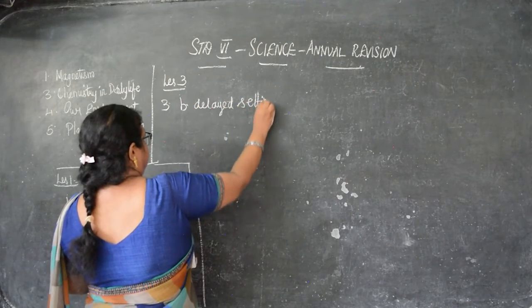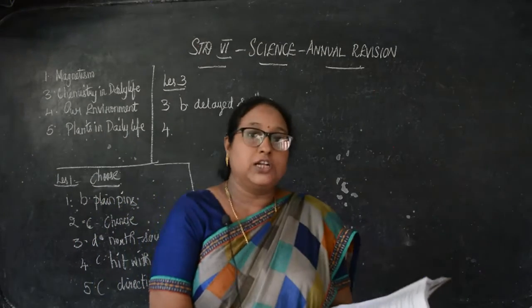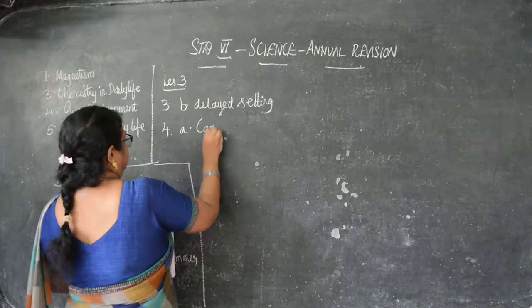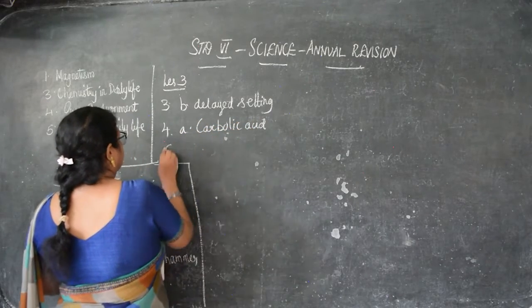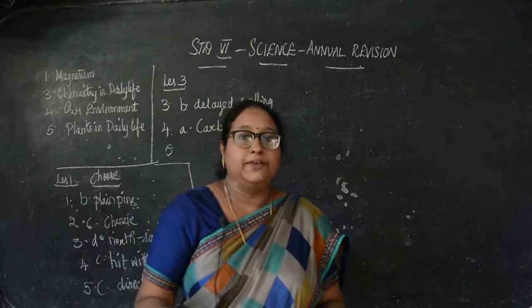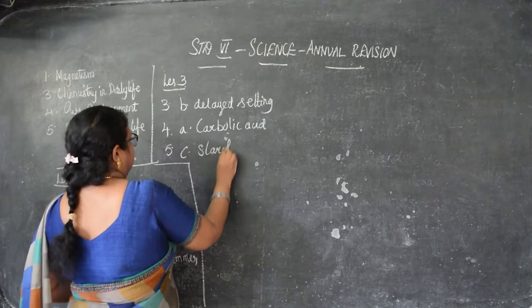Then fourth one, phenol is, that is A, carbolic acid.